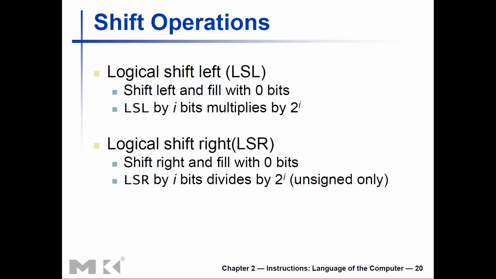Routers and all are also going to be using these processors at a low level, so they'll be using these operations for those kinds of things. And the shift operation, we'll look at it now. If you consider shift left, it's going to shift a particular bit string to the left, and the remainder will be filled with zeros.